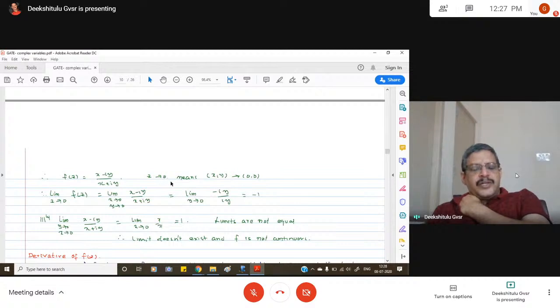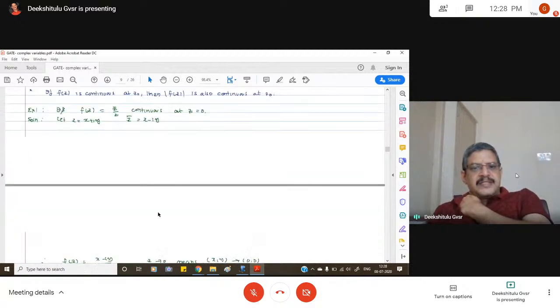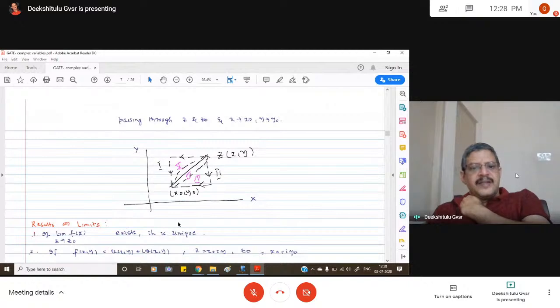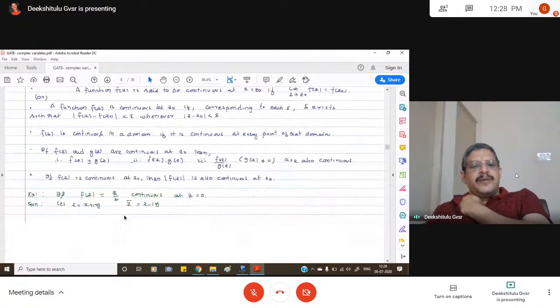As z tends to 0, that means (x,y) goes to (0,0). So the limit as x goes to 0, y goes to 0 of (x minus iy) by (x plus iy). First let x go to 0, substitute x equal to 0. This becomes minus iy by plus iy, so if you cancel, this becomes minus 1. Now if you repeat the limit over different paths, the limit should be the same anyway.